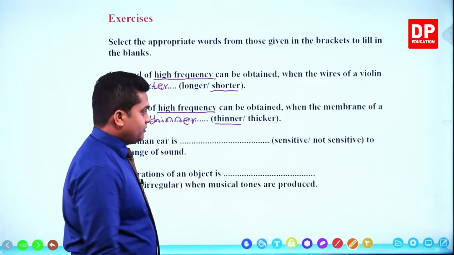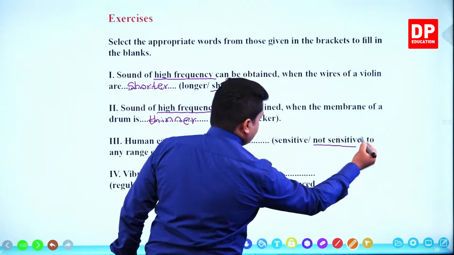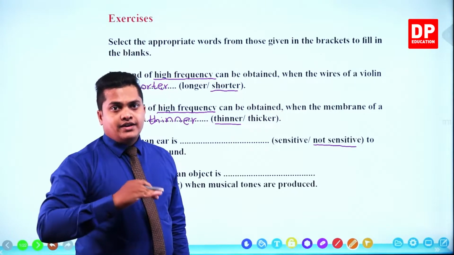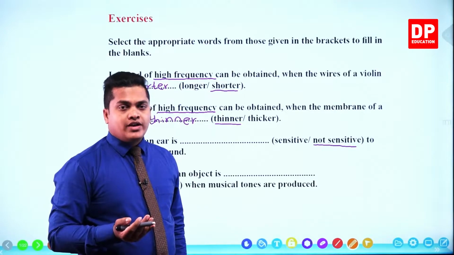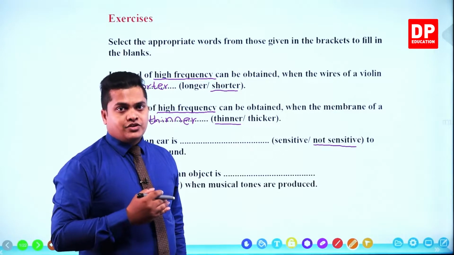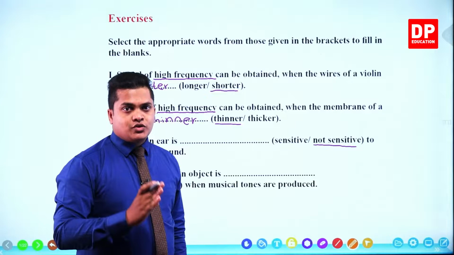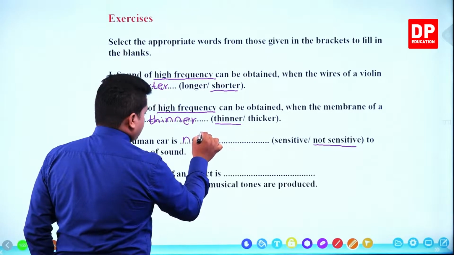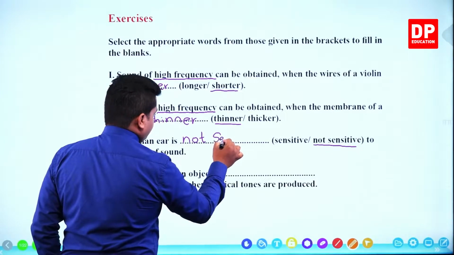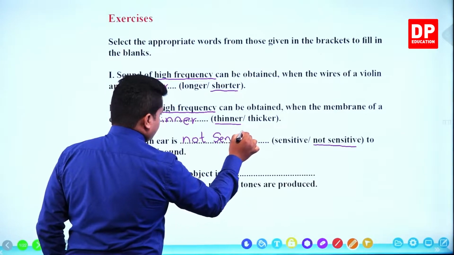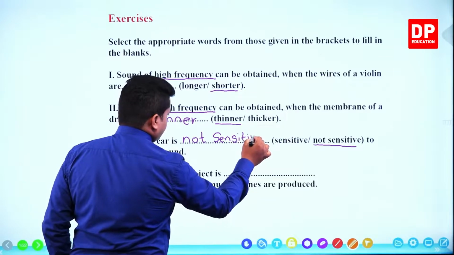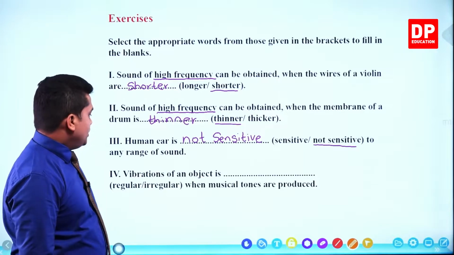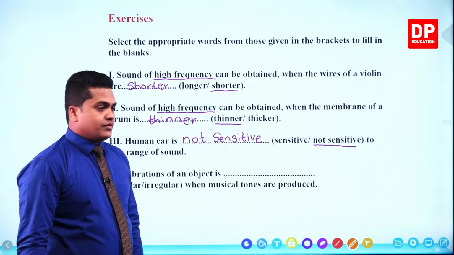So the correct answer is not sensitive. The human ear is not sensitive to any range of sound.